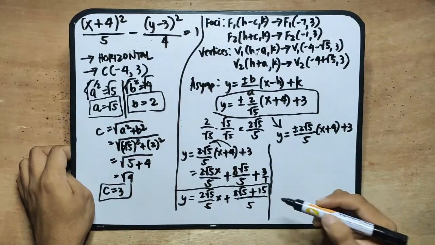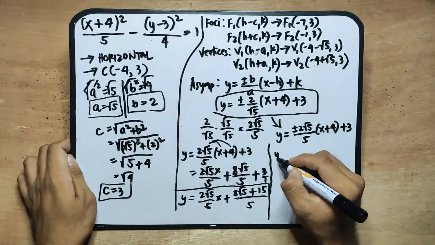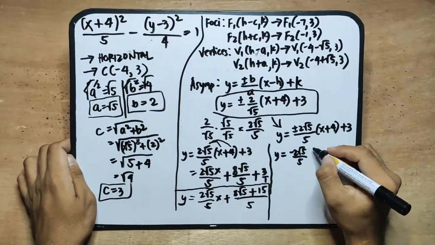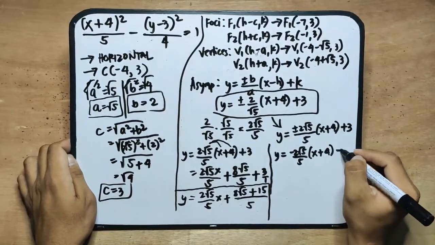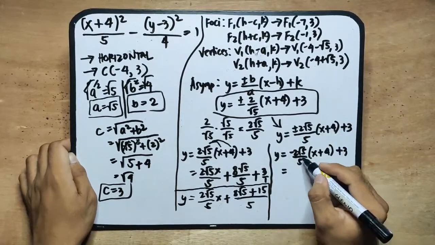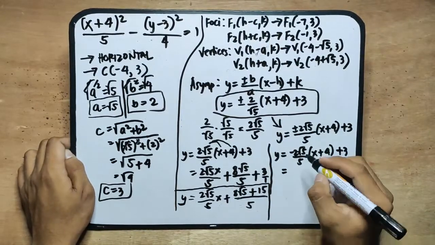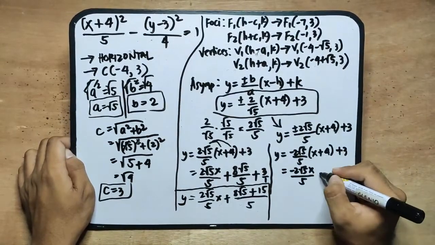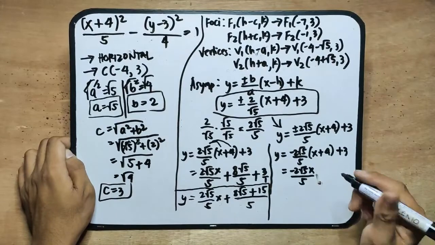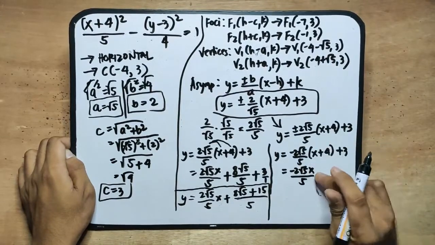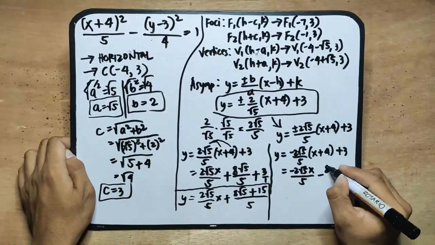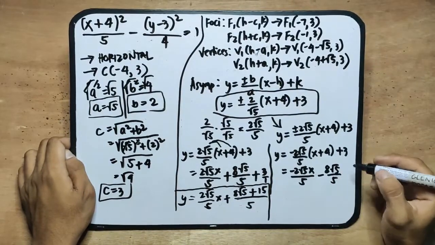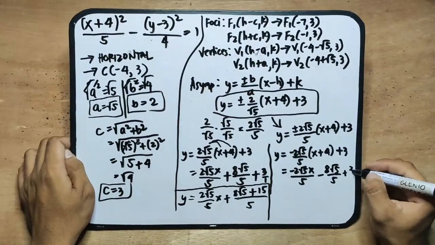Our second asymptote will be y is equal to negative 2 square root of 5 all over 5 times x plus 4 and plus 3. So, distribute that to all the terms inside the parentheses. We have negative 2 square root of 5x all over 5. This will be minus, since negative times positive is negative. So, negative 8 square root of 5 all over 5 plus 3.